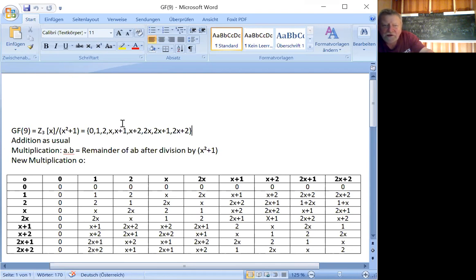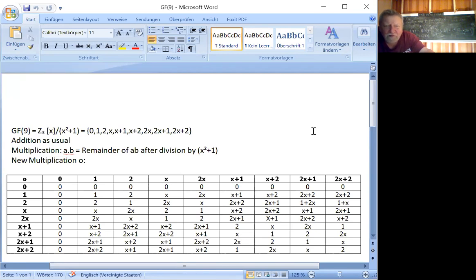The addition there is as usual, and the multiplication, as you know, is that we simply take the usual multiplication of polynomials, and then we divide it by x squared plus 1 and take the remainder. So the old multiplication and the new multiplication, you can get it in this way, that you take these elements here, and we'll find out what the coupling map will look like.